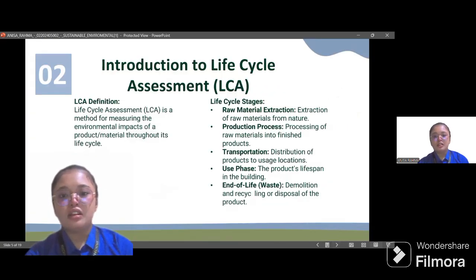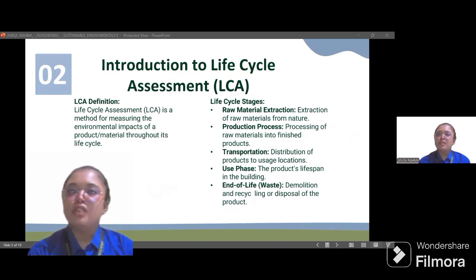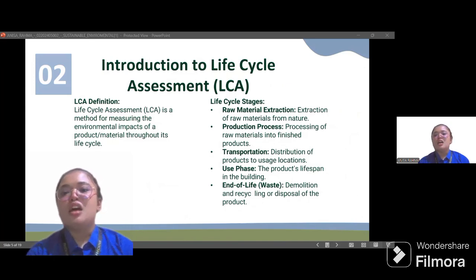Introduction to Life Cycle Assessment, or LCA. This slide serves as a foundation of my entire analysis. Before diving into the data and technical comparison, we first need to understand what life cycle assessment, or LCA, actually is.